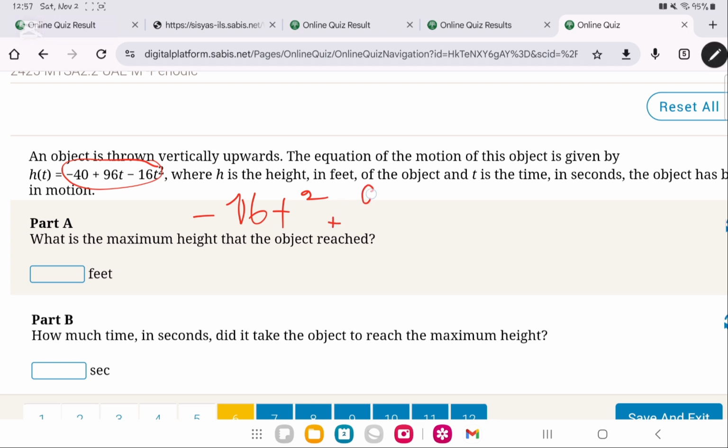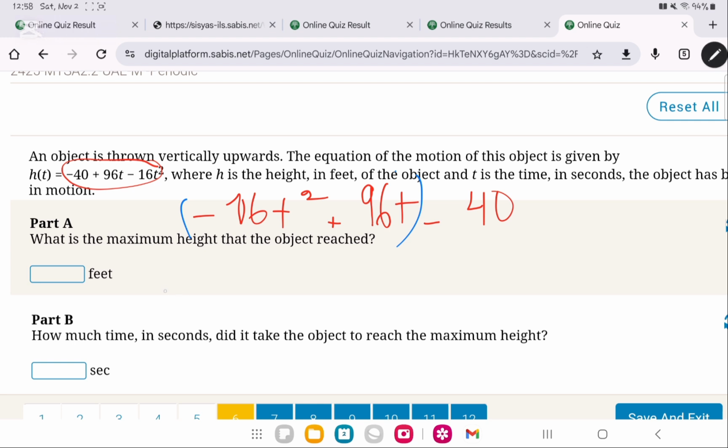plus 96t minus 40. Now what we're gonna do is that anytime we see a quadratic or a parabolic function, we're gonna do the canonical form. Canonical form means you take the terms that have the variable in them, and then you factor it.